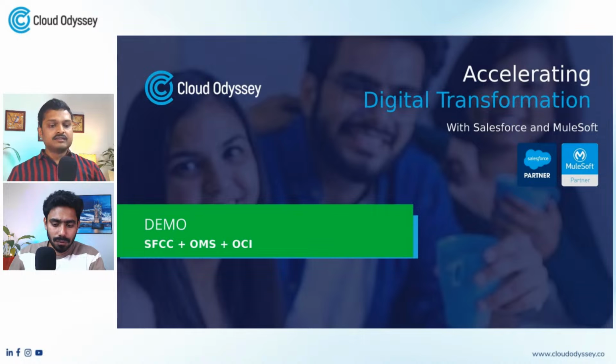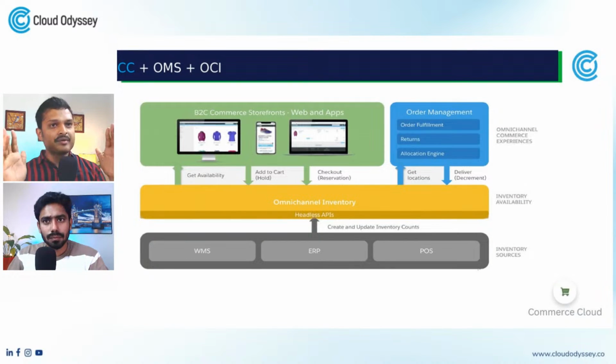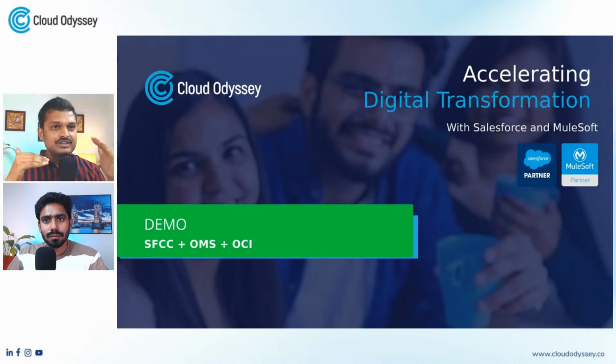So with that said, we got some idea on what is OMS, what is Omnichannel Inventory, and how it can communicate with the WMS and the storefront. Right now, we have 10 more minutes left, so we will see a practical demo of how it works. It will be very interesting. We will see what happens behind the scenes once you place the order.